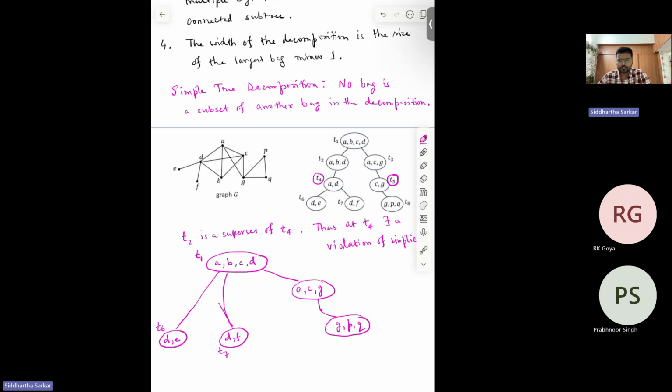Okay. Is there anything else we can do? In this case, at least this subset property is over. I mean, no bag is a subset of another bag. And moreover, I think that all the edges have also been covered.